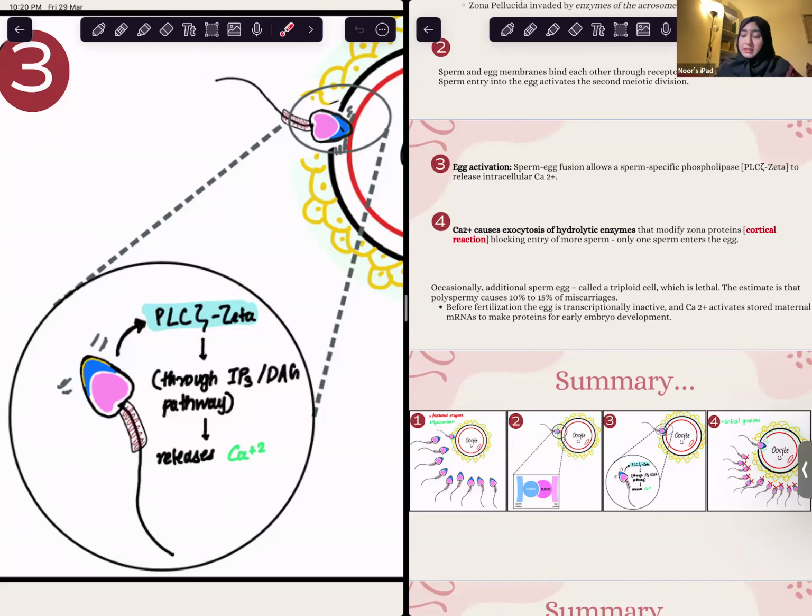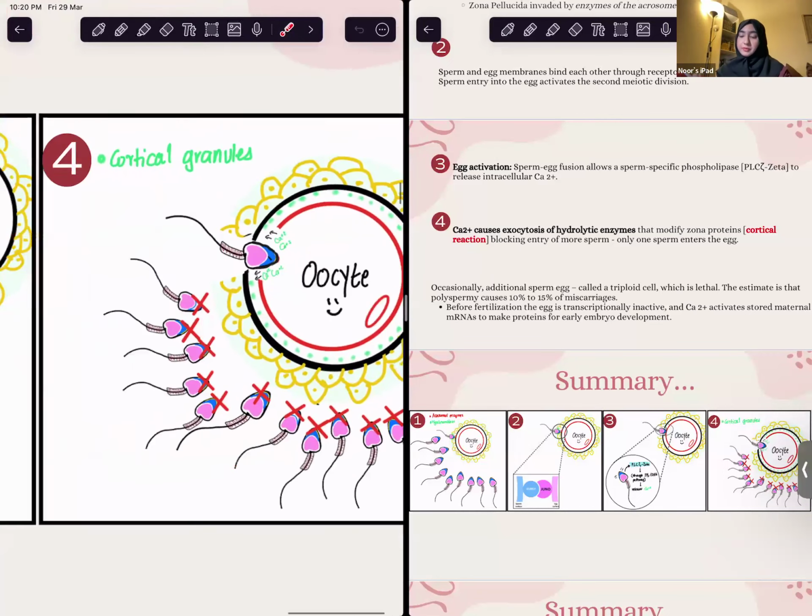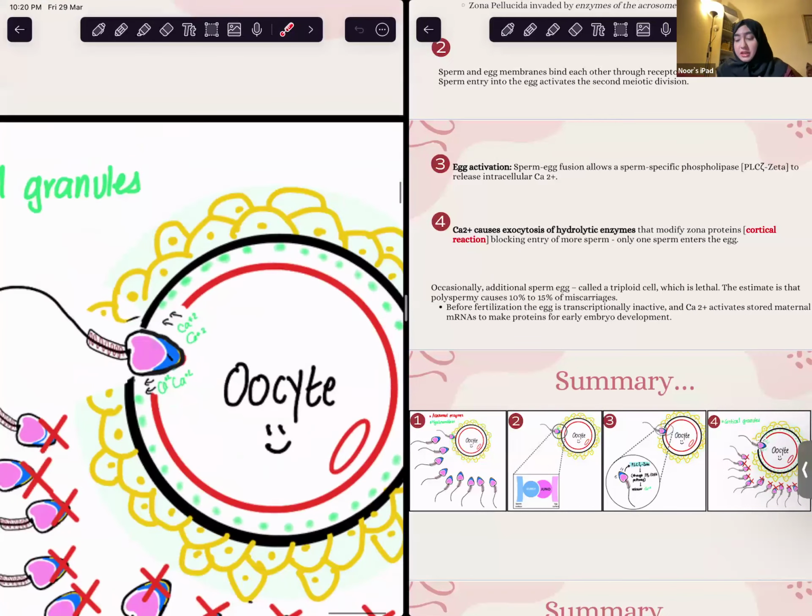This undergoes the IP3 and DAG pathway, and that releases calcium. What does this calcium do? This calcium, released after PLC zeta underwent the IP3 DAG pathway, goes around the zona pellucida, and it releases something called the cortical granules. And this is called the cortical reaction.